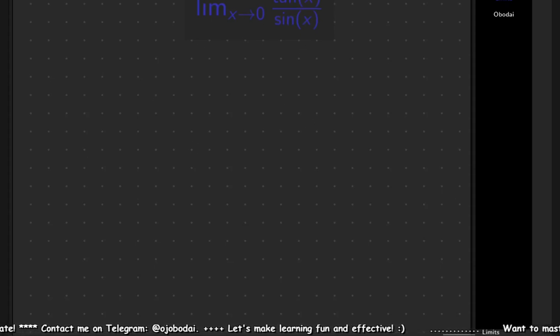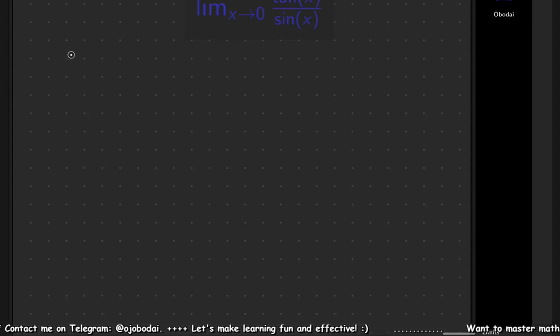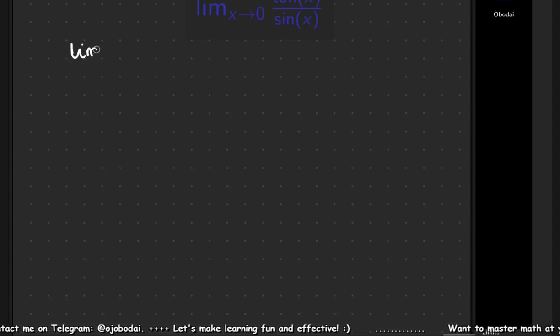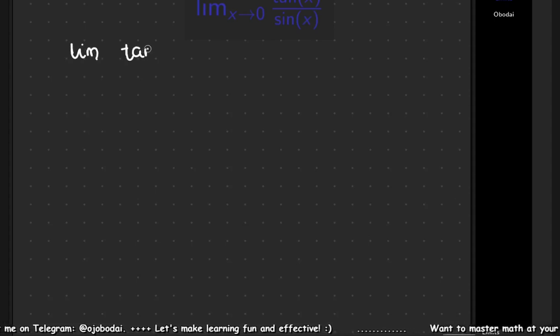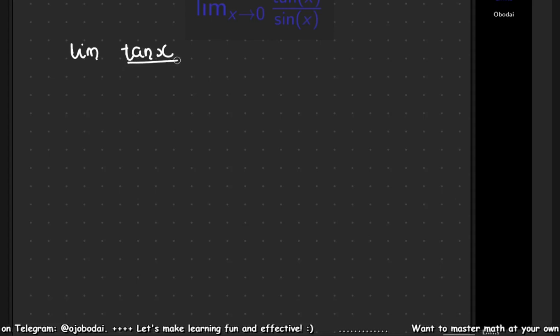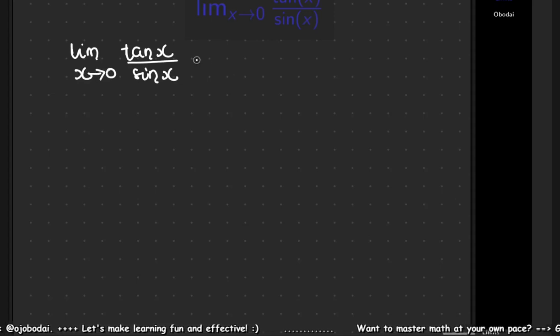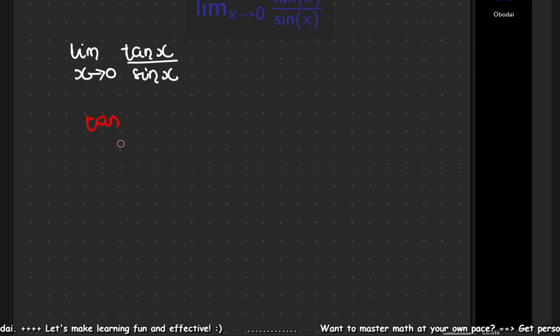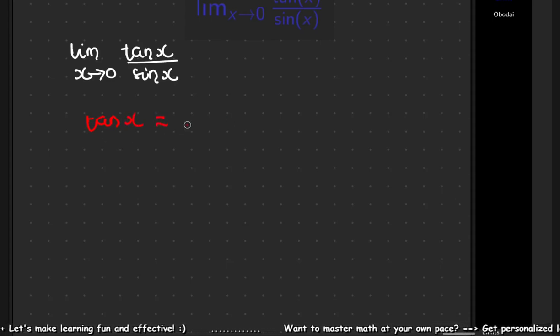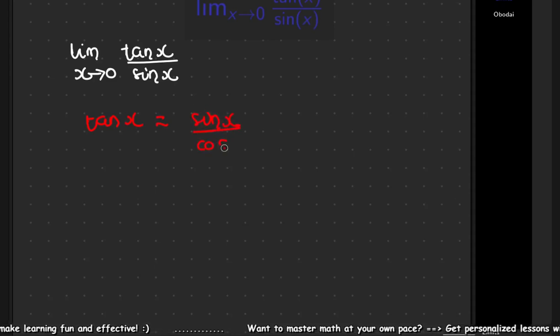So we have the limit of tan x, the tangent of x, over the sine of x as x approaches 0. Let's take note that the tangent of x can be written as the sine of x over the cos of x.